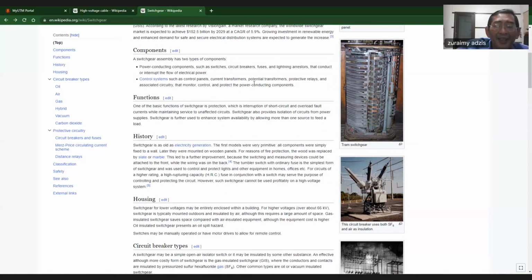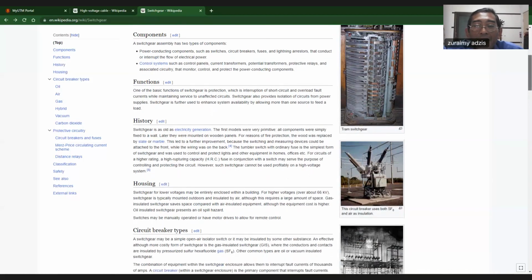What is SCADA? I hope you still remember from power systems. Supervisory, control, and data acquisition. So that's what SCADA is, to help you control the power system.